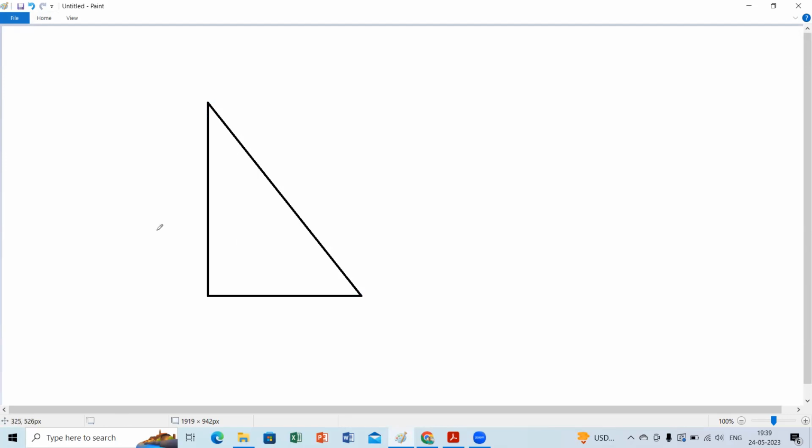All right. If you take a triangle A, B, C, with the right angle at A, then the side opposite to the right angle is the hypotenuse. The other two sides are leg 1 and leg 2. What is the relation between legs and hypotenuse?